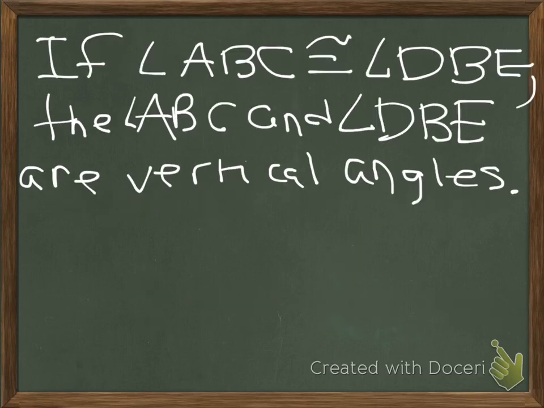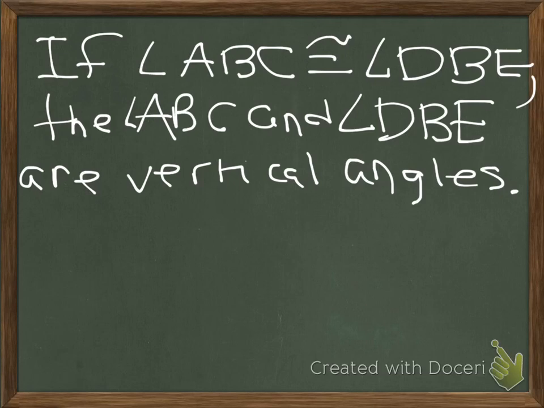And then the last example, you have angle ABC is congruent to angle DBE, so we can assume, I guess, that they are vertical angles, but there's so many other angles that you could describe that are also congruent, and they don't always have to be vertical angles.